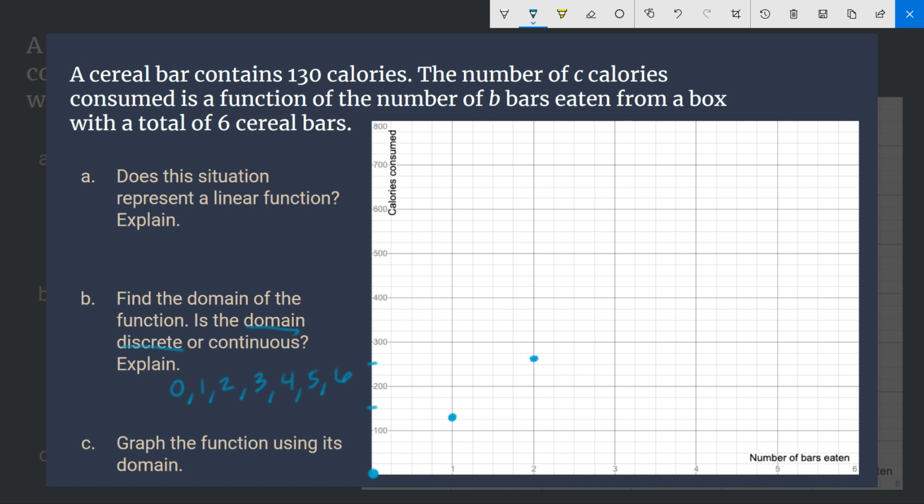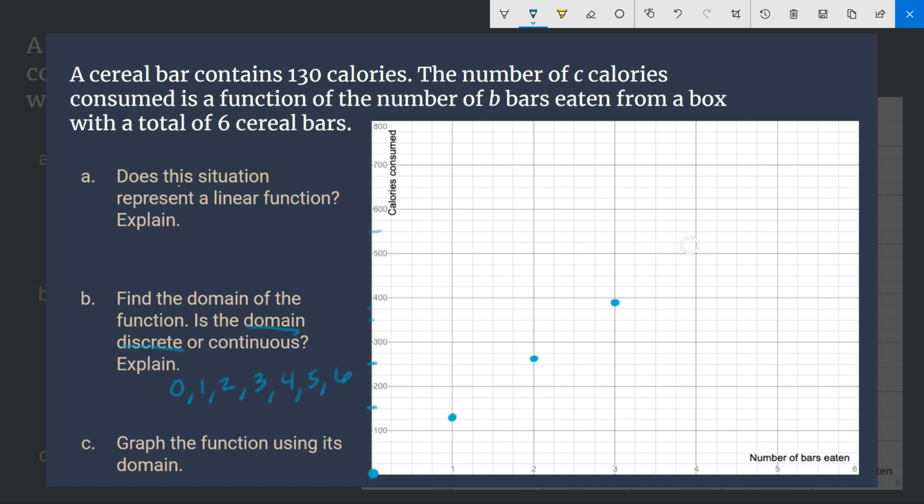If we eat 3 bars, so 3 bars at 130 calories each is 390. So that's 350, that's 375, 390 is really close to 400, so I'm going to put it about right there. And then 4 bars, 130 calories each is 520.